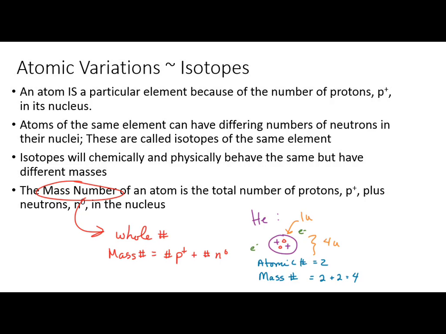So that's a ballpark weight of that atom. Let's compare that to the periodic table. The periodic table for helium should say something like 4.001. So the real weight is that, and we're going to be talking more about this.